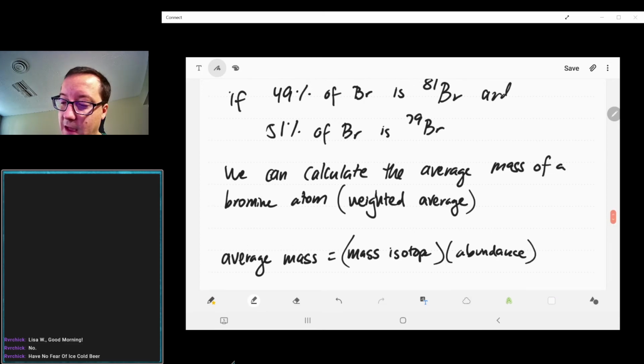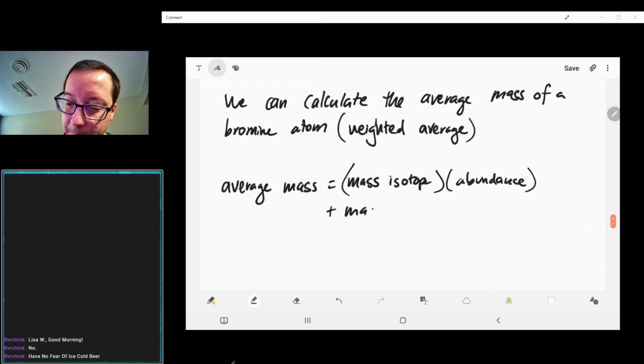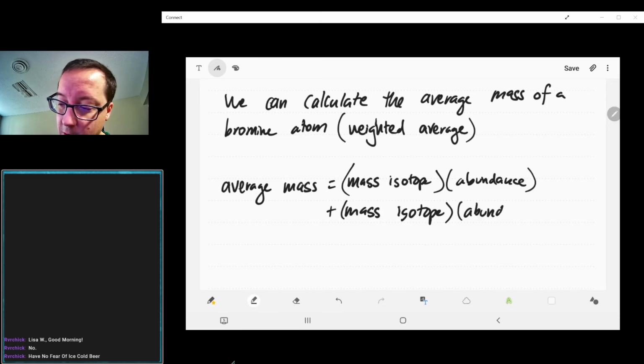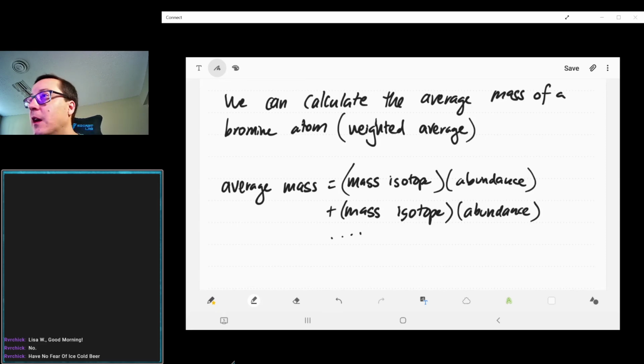And we would add that to the mass of a different isotope and its abundance. And so on. So bromine only has 2 isotopes, but some elements would have like 7 isotopes. We looked at a couple, maybe platinum has 5 different isotopes that all exist. But bromine only has 2. You would just add up as many isotopes as you have times their own abundance.